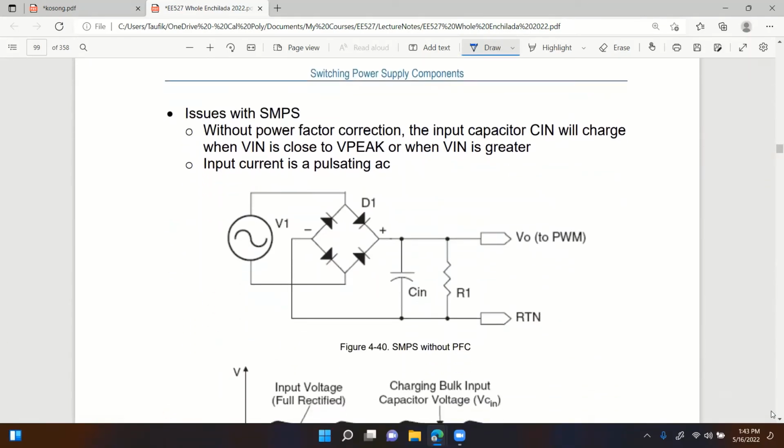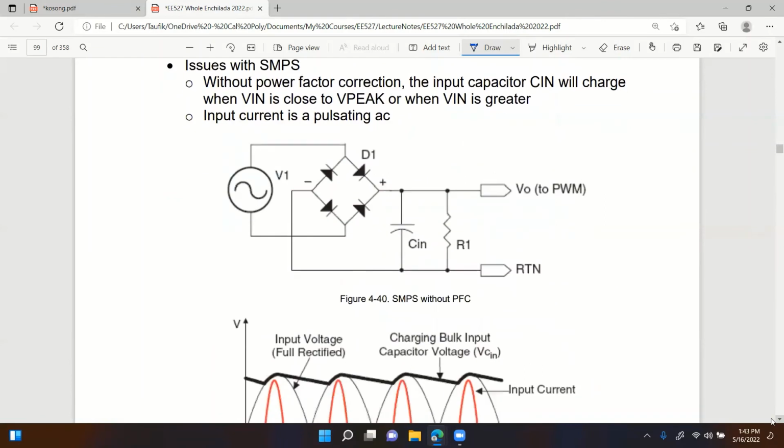Issues with SMPS, switching mode power supply. If you do have a power supply, typically the input is AC, but the output is DC. The load requires DC, so you have to have AC to DC in between. And AC to DC is typically done by a full bridge rectifier, just like this.